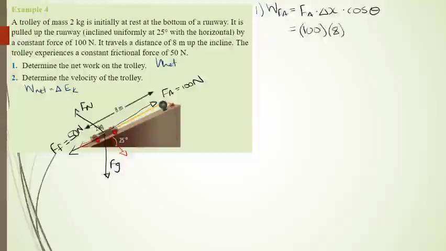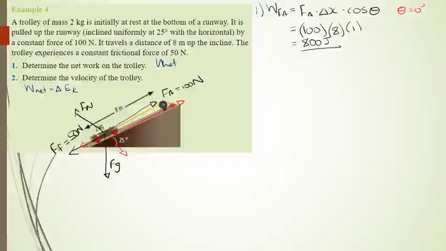Now let's see, is the direction of my applied force in the direction of the object moving? Yes, it is, which means my theta is therefore equal to 0 degrees. And when my theta is equal to 0 degrees, my cos 0 degrees ends up giving you an answer of 1. So that ends up being 800 joules.